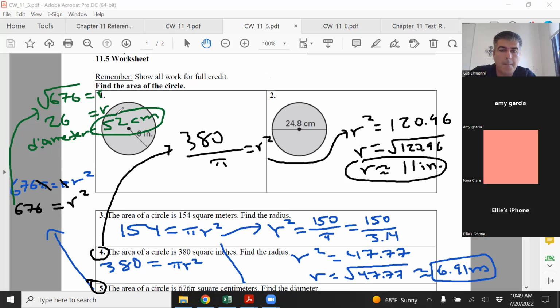That's all. So it's 3, 4, 5. And 1 and 2, we already did. Any questions before we do the other 5 problems? Nope. Okay. We shall keep moving.